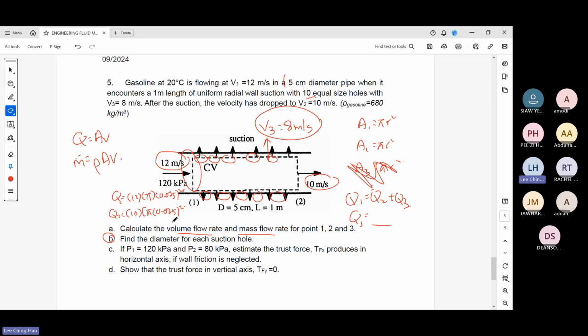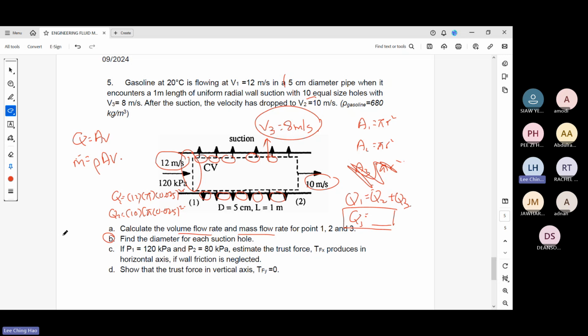So based on the question A, you will find your volume flow rate. Okay, let me check. 0.02 square.